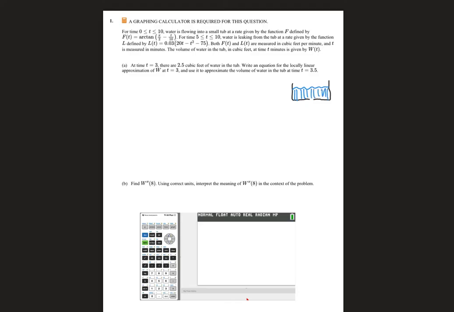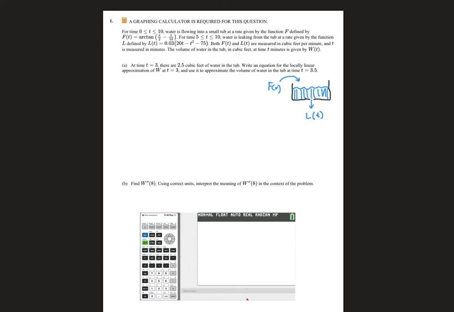Okay, and then there's water that's going into the tub. And the function that dictates the rate that water is going into the tub is the f of t. And then there's water leaving the tub. And the rate that the water is leaving the tub, leaking from the tub, is given by L of t.